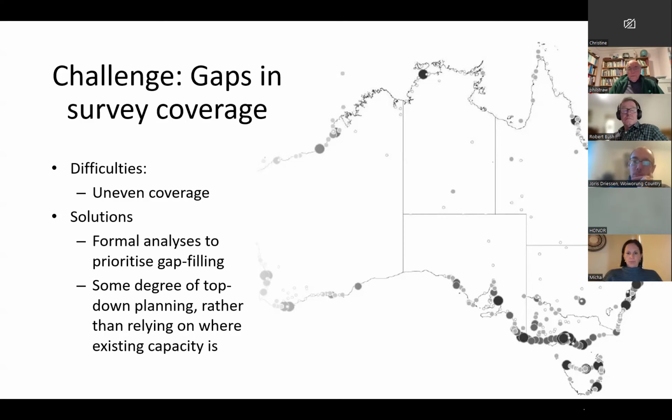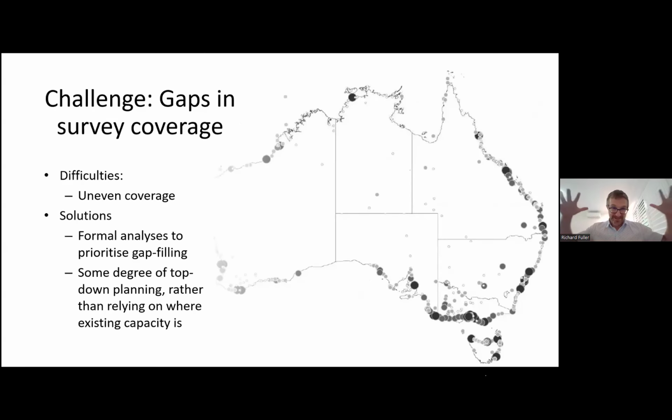Sometimes achieving good survey coverage needs some top-down planning. It may be that somebody needs to organize the monitoring and say, right, we need to go to these sites. How do we make that happen?